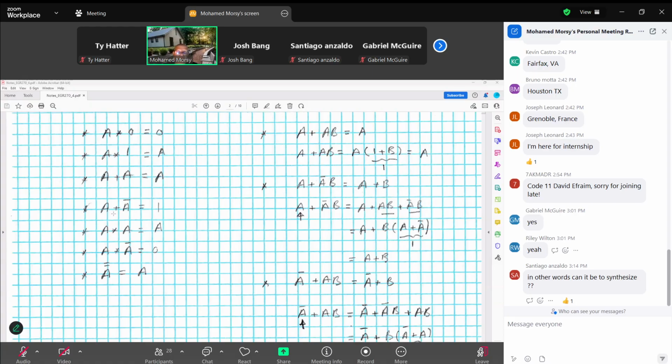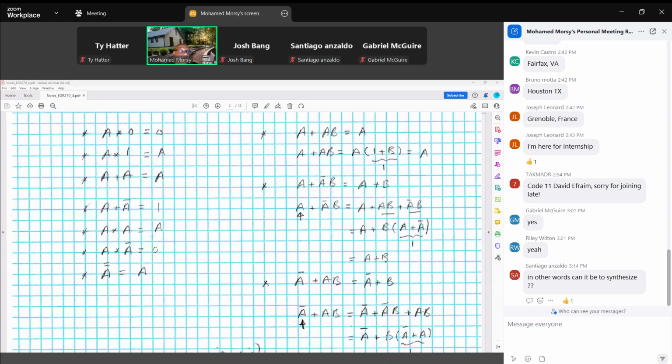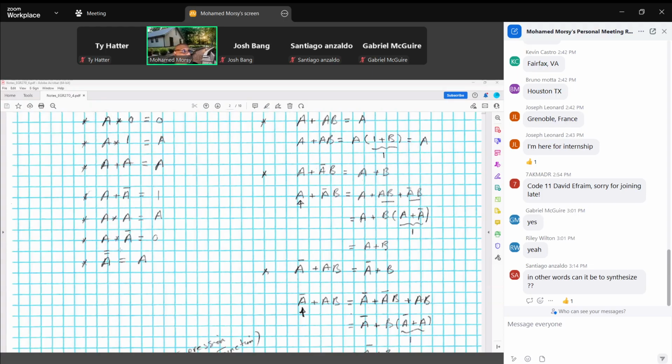So A plus A inverted is always 1. A multiplied by A is A. A multiplied by A inverted is 0. A multiplied by A, like 1 by 1, is 1, and 0 by 0 is 0. A multiplied by A inverted, like 1 multiplied by 0, is 0, and 0 multiplied by 1 is 0.